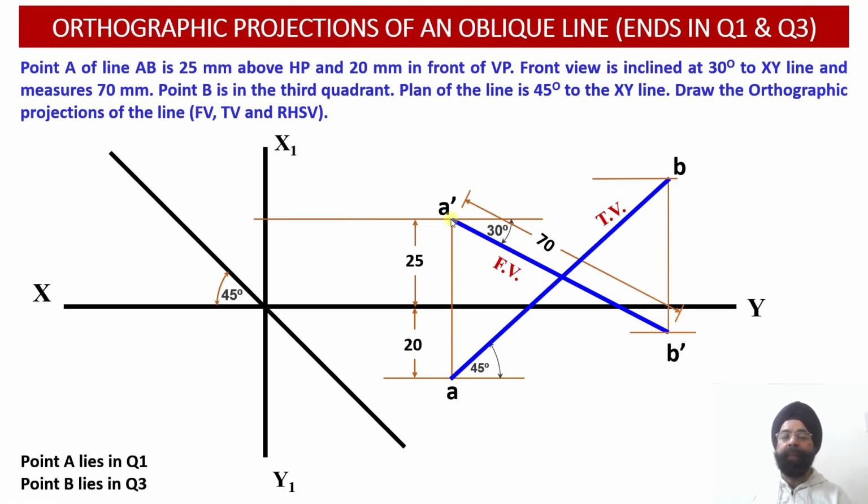Another fundamental: whatever the height of the point A dash in the elevation, at the same height we will obtain the location of the side view point. That is, the side view point will be located on the horizontal construction or projection line which emerges from the point A dash in the elevation.